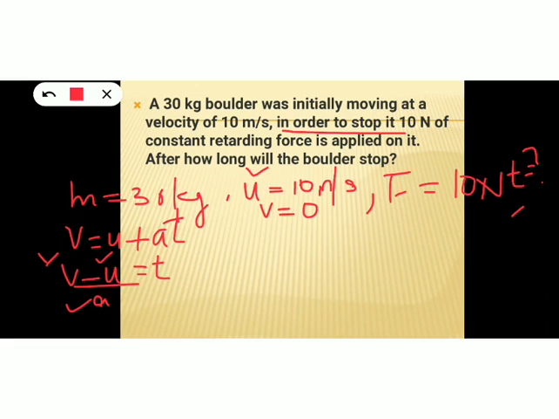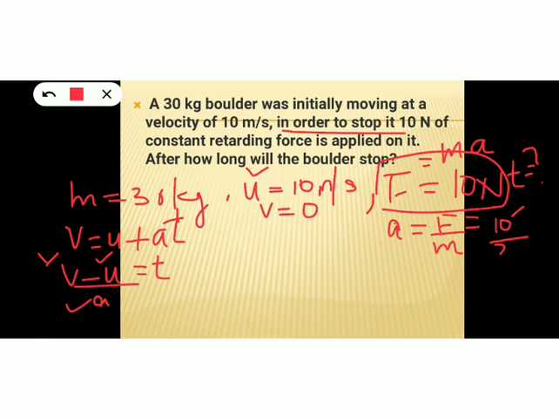Then we need to find out acceleration. So how will you find out acceleration? See, in order to find out acceleration, we must use the equation of force. So the force is given, which provides a clue to find out acceleration. We know that force F is equal to ma, isn't it? So, from that, A is equal to F divided by M. And F is given, it is 10, divided by mass.